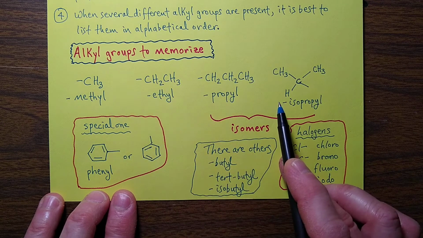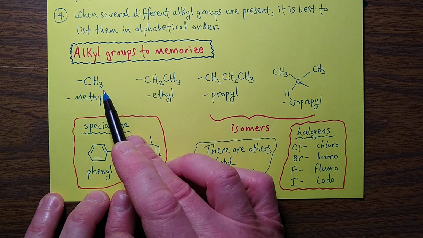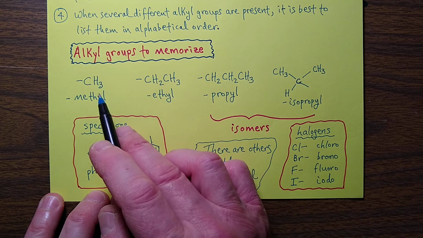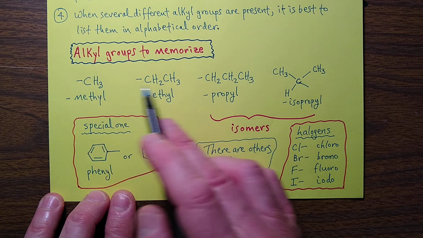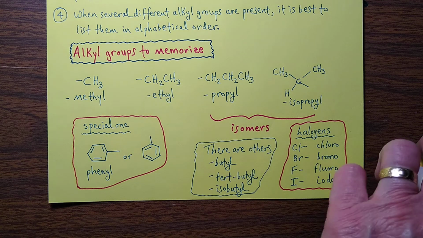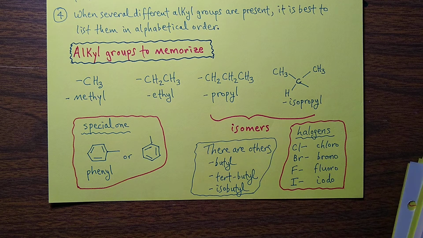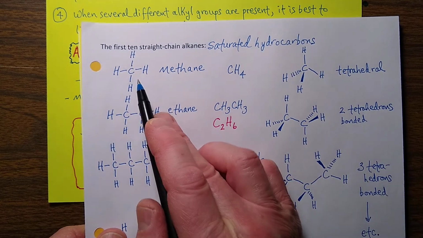Now I want you to memorize these alkyl groups. What do we mean by alkyl group? What I mean is these are based on real hydrocarbons. So let's go back to that slide. Notice that the simplest hydrocarbon is methane.